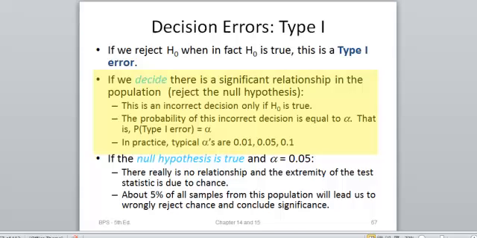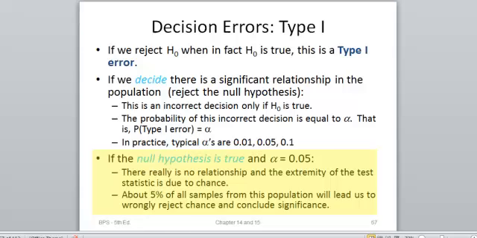That is, the probability of a type 1 error equals alpha, and alpha is called our significance level. In practice, typical alphas are 0.01, 0.05, and 0.1. Now, if the null hypothesis is true and alpha equals 0.05, there really is no relationship, and the extremity of the test statistic is due to chance. About 5% of all samples from this population will lead us to wrongly reject chance and conclude significance.